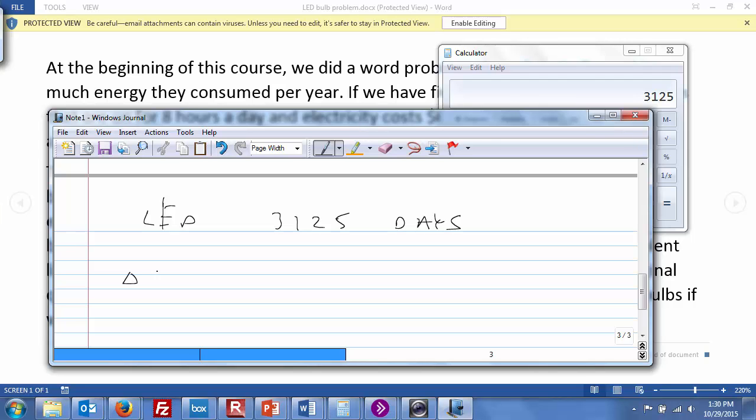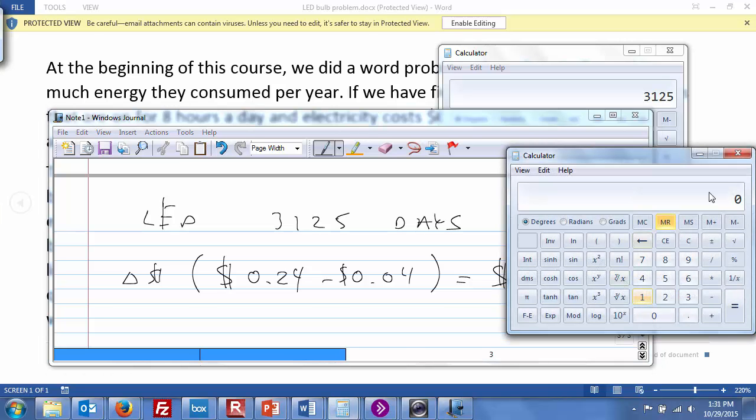So we'll look at the change in price: 24 minus 4 equals 20 cents per day.